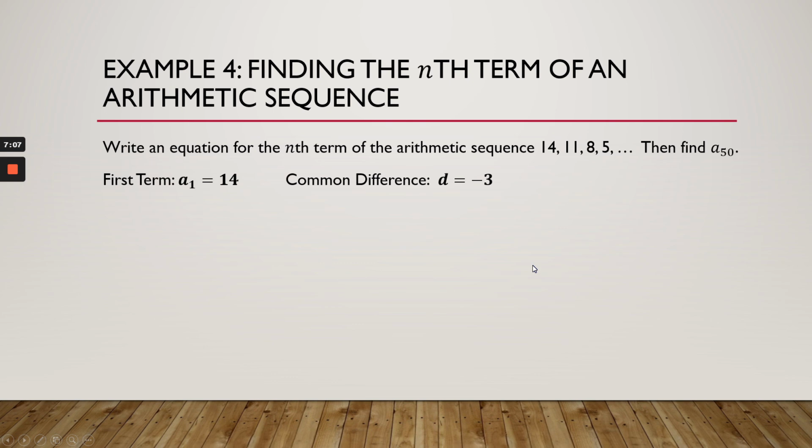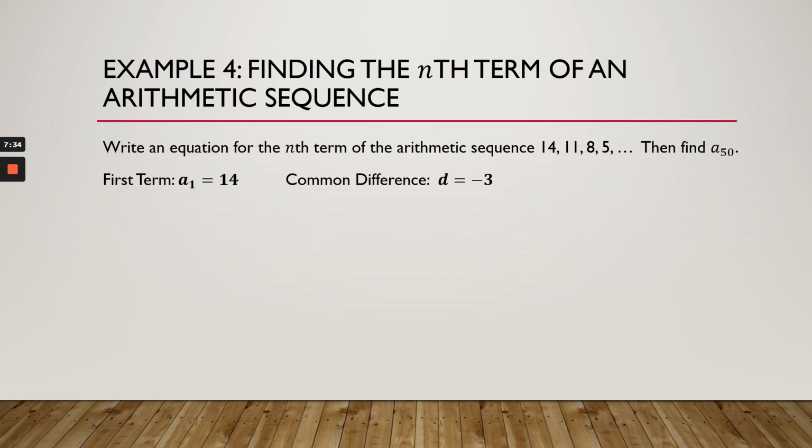Now, let's just imagine we were trying to find the 50th term, but before we get to finding that, let's quickly talk about how we would find even the fifth number here.